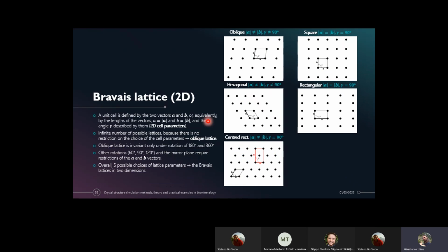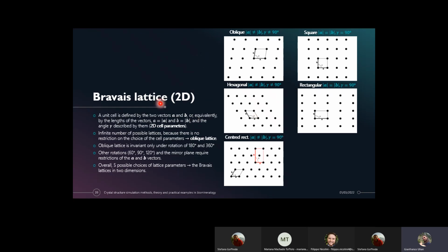So we introduced the lattice, the basis, and the point symmetry. Let's describe a little bit the so-called Bravais lattice in 2 dimensions. A unit cell is defined, in this case in 2 dimensions, by 2 lattice vectors A and B, or equivalently by the moduli of these vectors A and B and the angle gamma described by them.